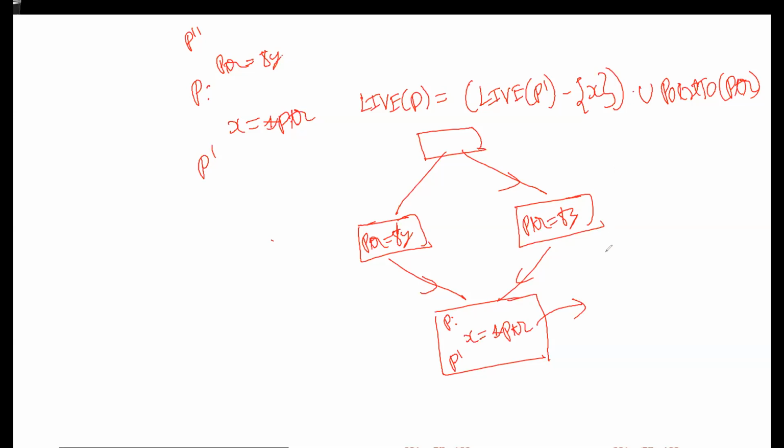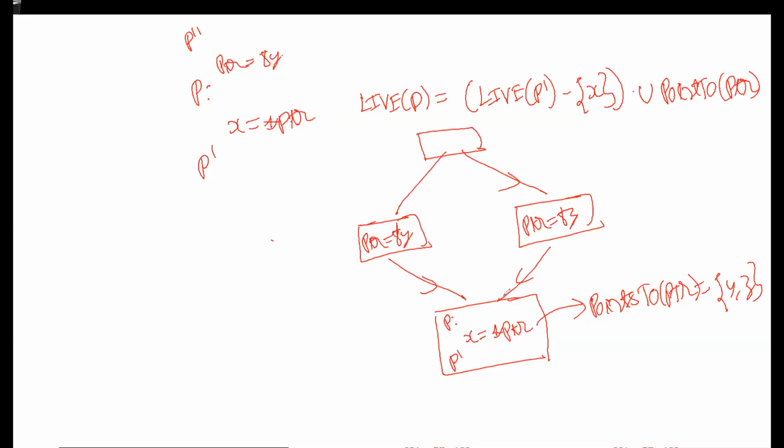So the points-to set associated here, points-to of PTR, consists of variables y and z. Because of that, at program point P, we have to assume that both variables y and z are potentially live. This is how we handle pointers in our data flow analysis associated with live variables.